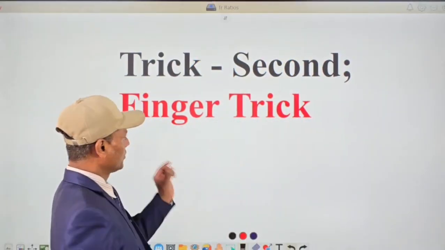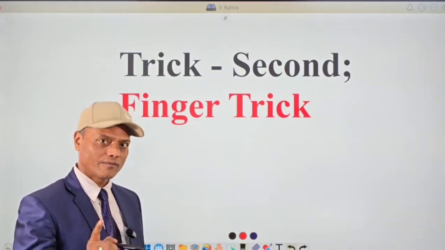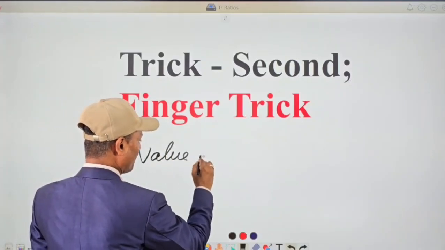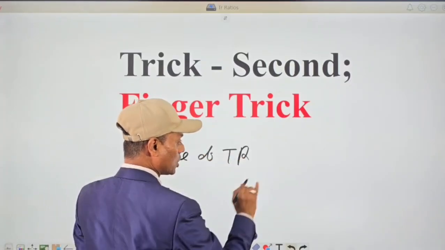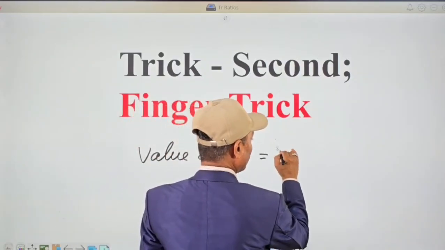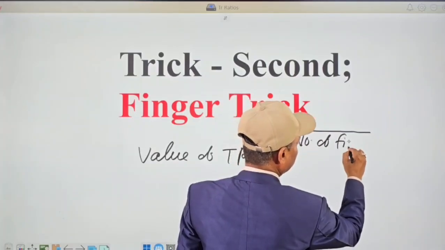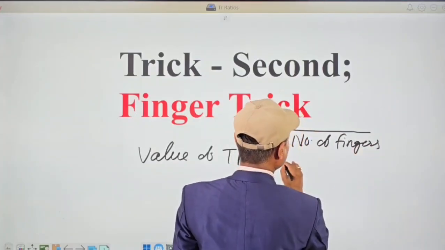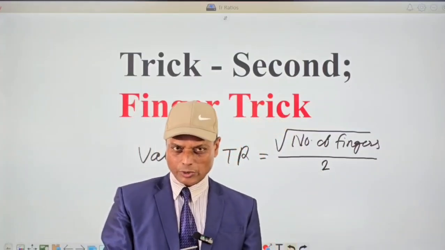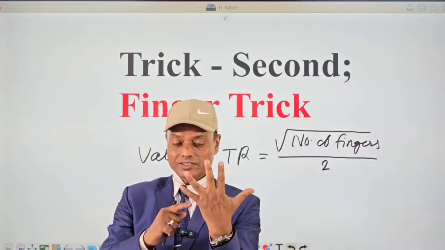Trick second, that is finger trick. For this trick, you have to remember only one formula, and that is the value of trigonometric ratios of any angle is equal to square root of number of fingers over 2. Only that much, isn't it? Now let's do it together. Spread your fingers like me. 5 fingers.